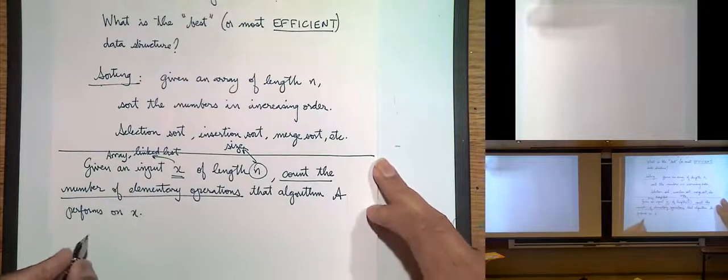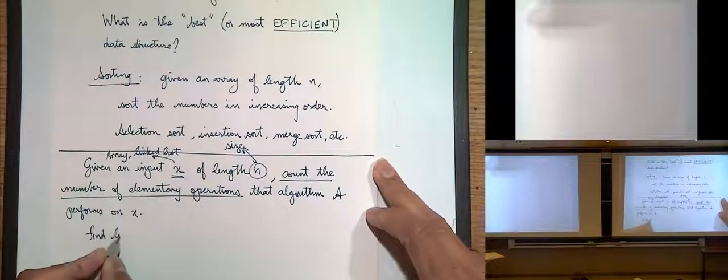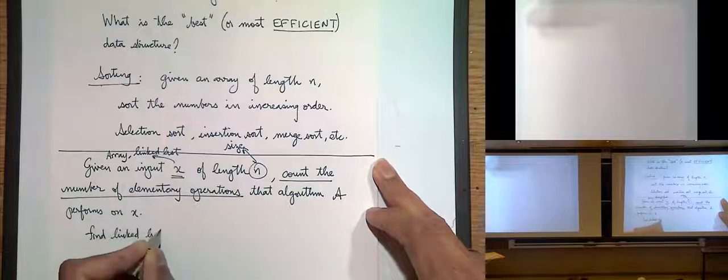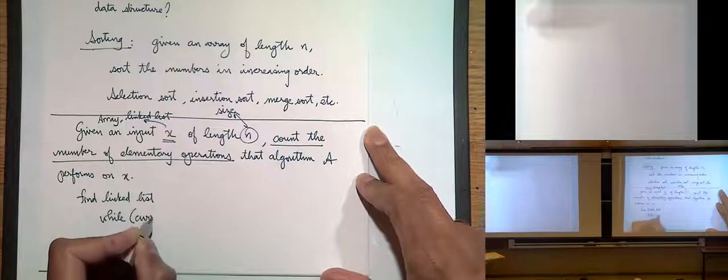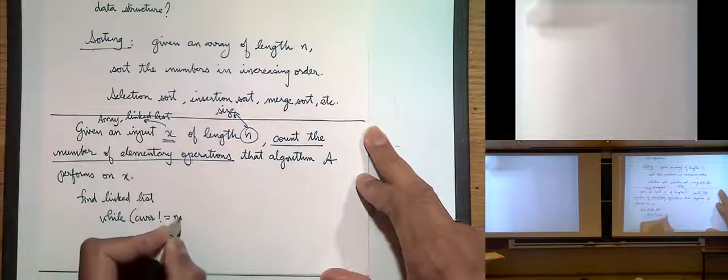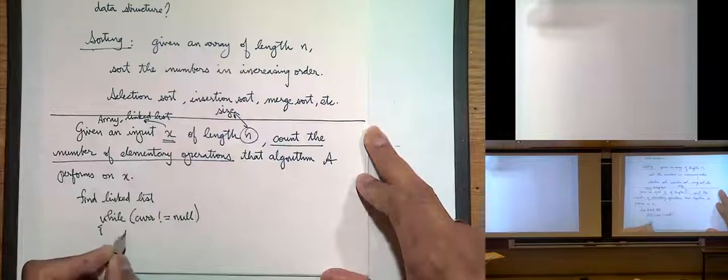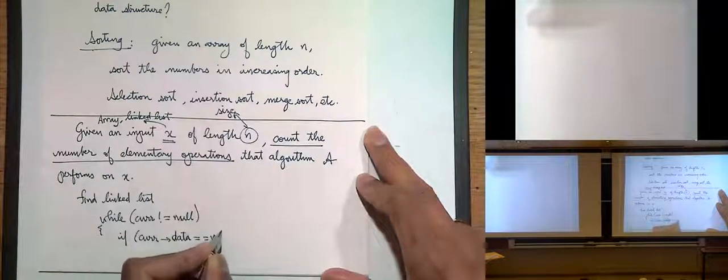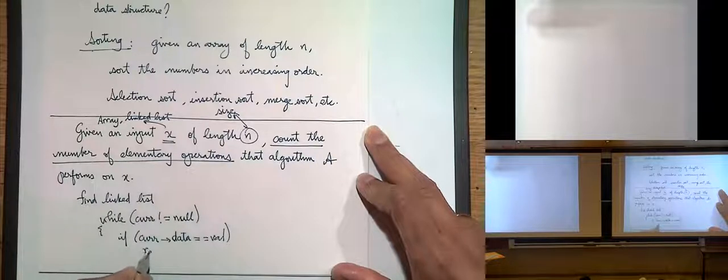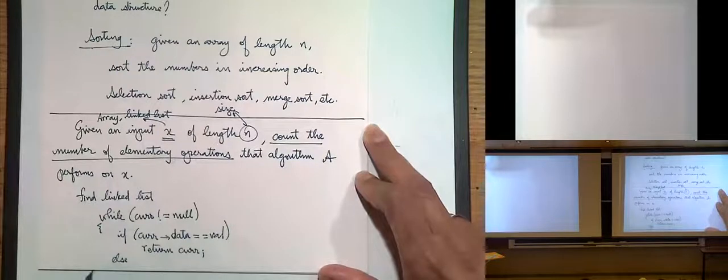Your find looks something like this, right? Find on a linked list: while current not equal to null, if current arrow data is equal to val, in this case you would return current, else current is equal to current arrow next.